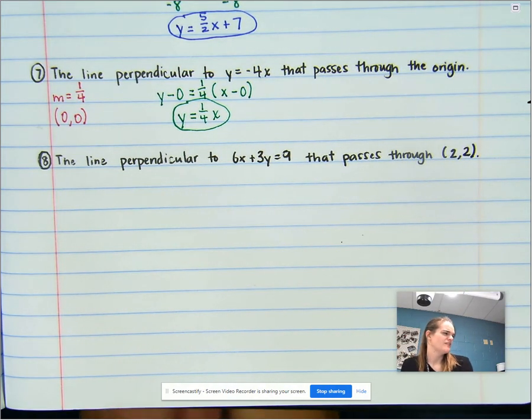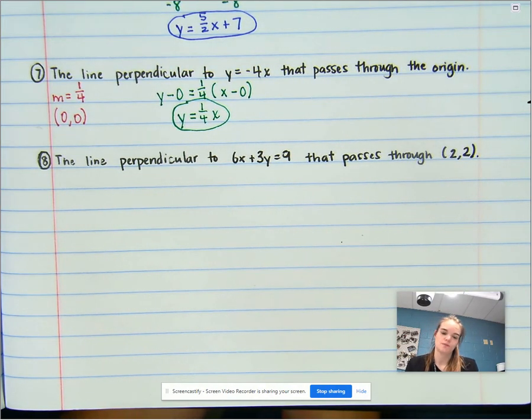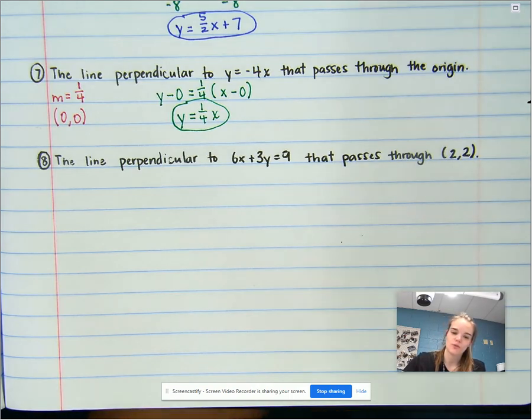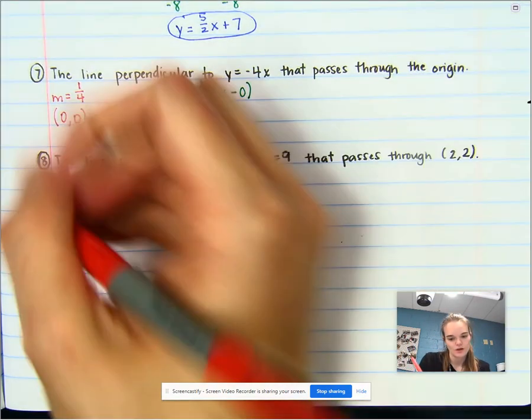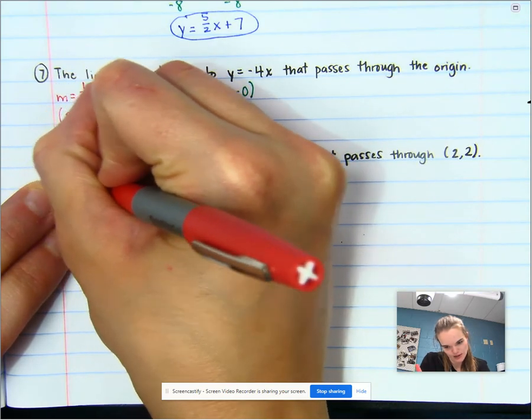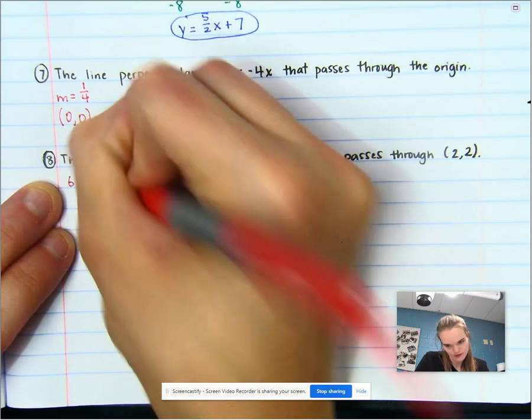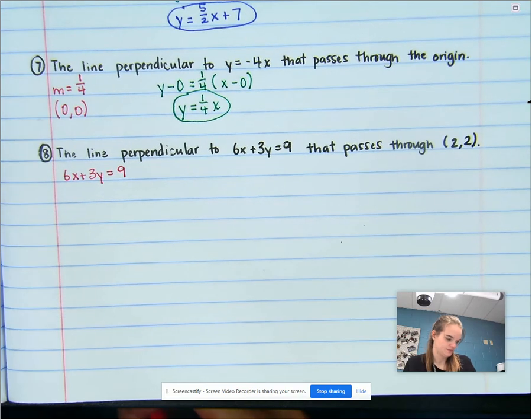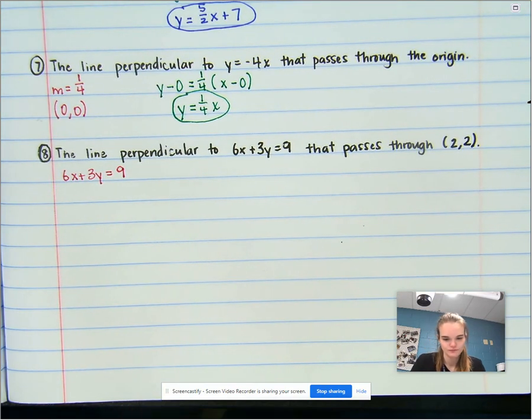All right, I have the same problem that I had on number 4. This is not in slope-intercept form, so I have no idea what the slope is, which means I'm going to have to solve for y first. So I'm going to rewrite this. 6x plus 3y equals 9, and I'm going to solve for y.